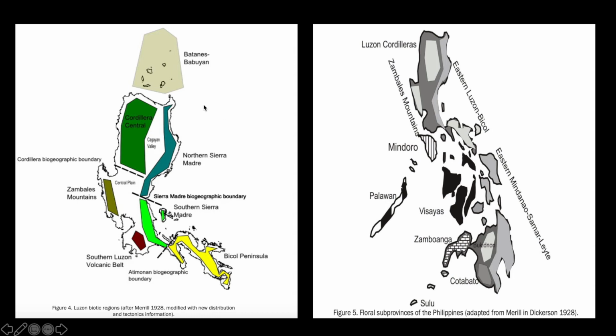And using these different biogeographic boundaries, these regions of the Philippines, they have concluded which are part of which. Okay? Also, the floral provinces by Merrill were also the basis for Roy E. Dickerson's corrections on the Wallace Line.